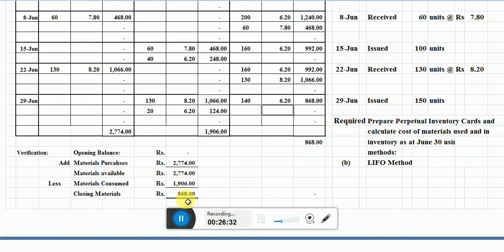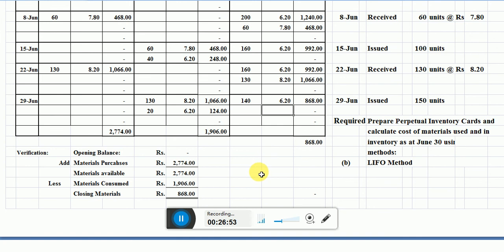The balance is 868 rupees. Now in the balance column, our ending inventory amount is also 868 rupees. Student, it means that we have solved this question accurately.